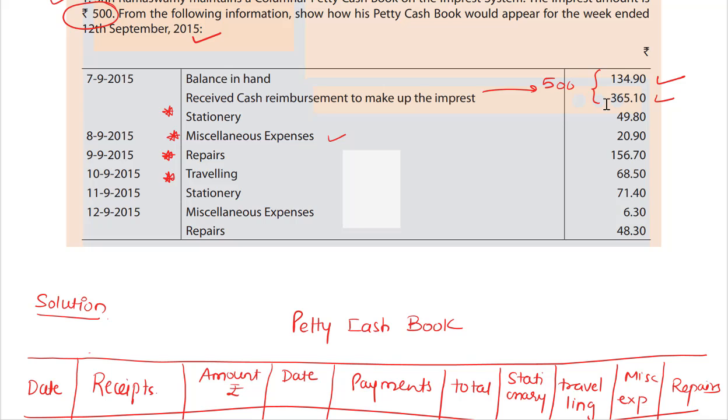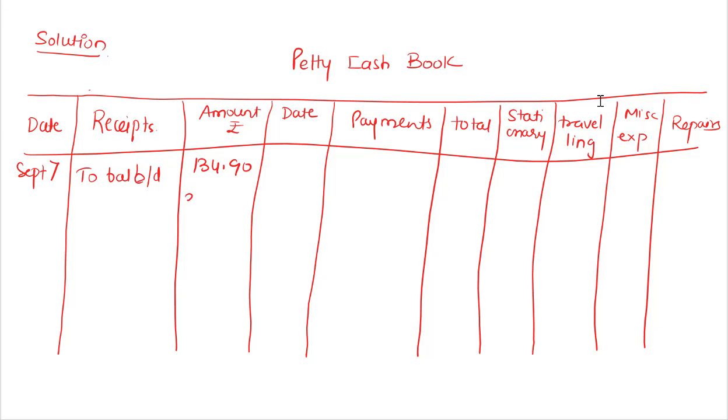What is the imprest amount? 500. So 365.10. We'll write 365.10 to reimbursement.